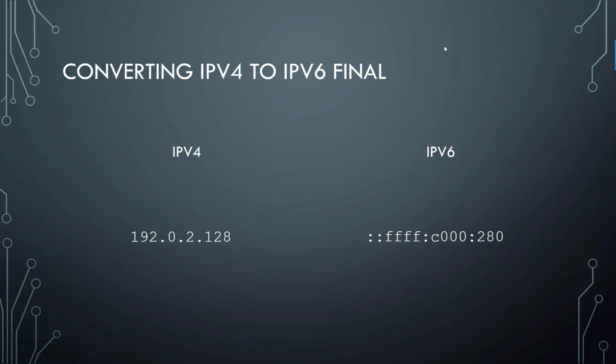The last 2 hextets in an IPv6 address and the 4 octets of the IPv4 address use the exact same number of ones and zeros. They are the exact same thing. All we're trying to do is take a large string of ones and zeros and simplify it in a way that you, the human, can make sense of it.